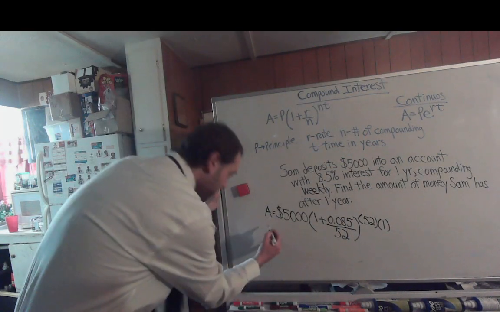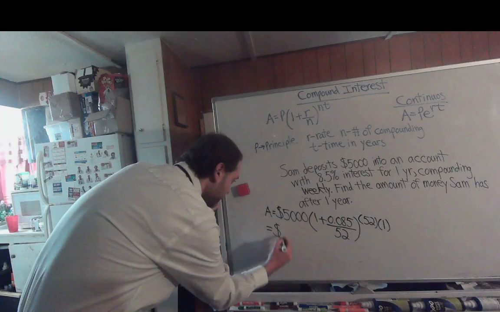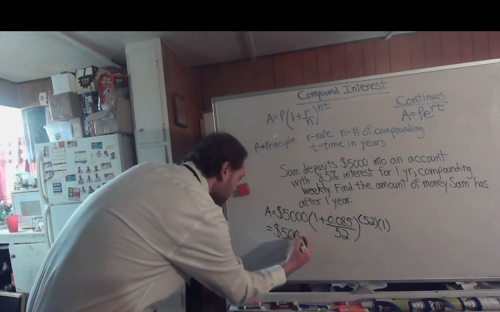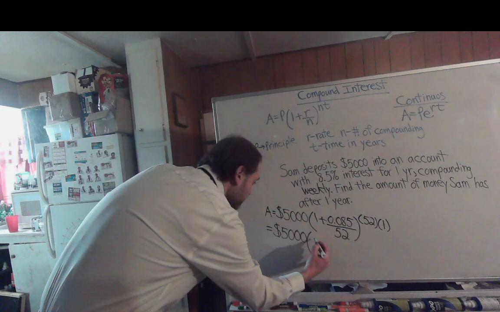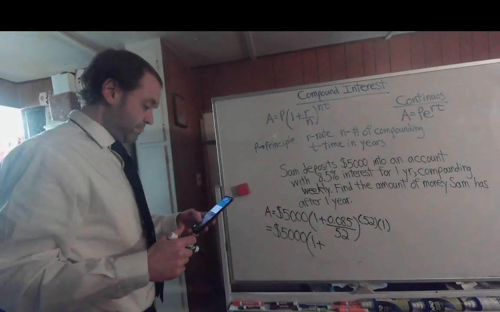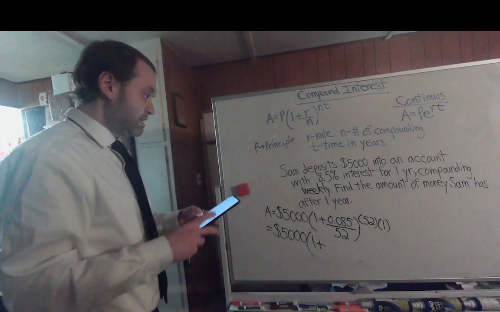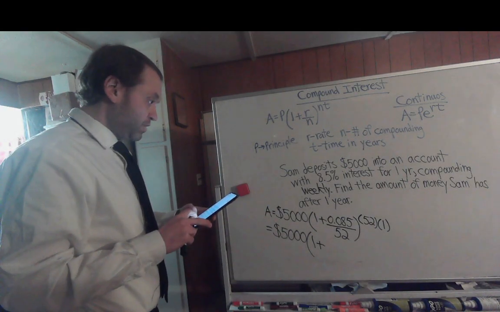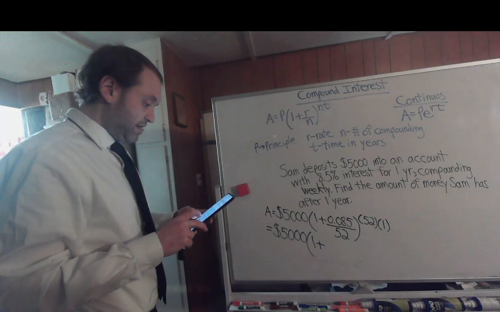All right, let's simplify this here. So you'd have $5,000 times, let's see, 1 plus, let's figure out what that awful decimal is. 0.085 divided by 52.